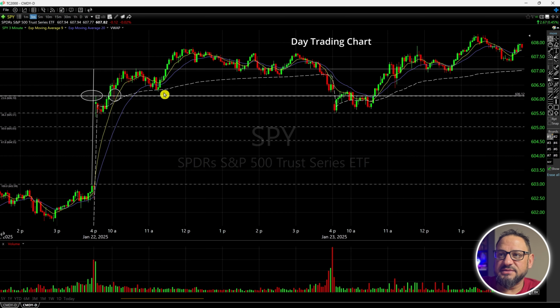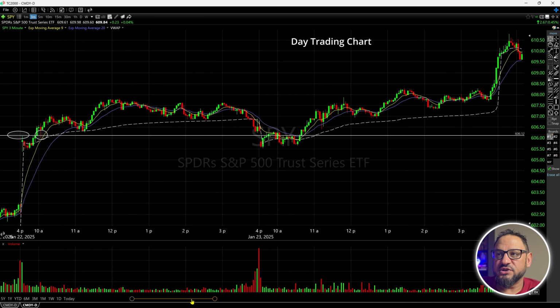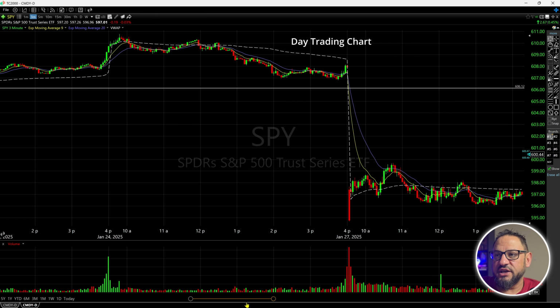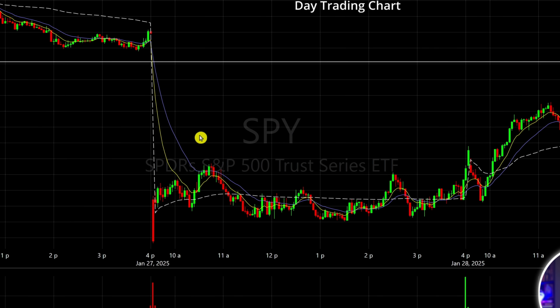You see how sometimes they line up. If the stock is gapping down, you draw it differently. You draw it from top to bottom. So for example, like this one, it's gapping down.